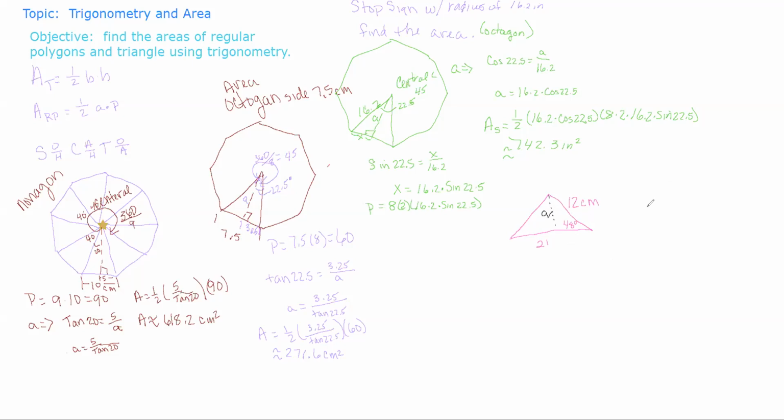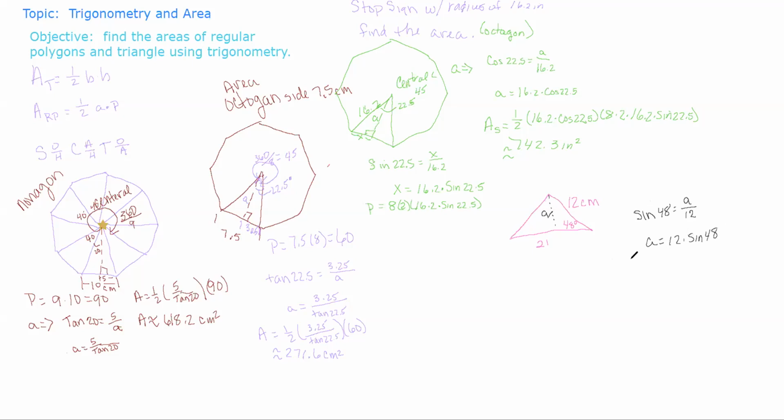That's sine, right? So the sine of 48 is equal to the altitude over 12. And so A equals 12 times the sine of 48.